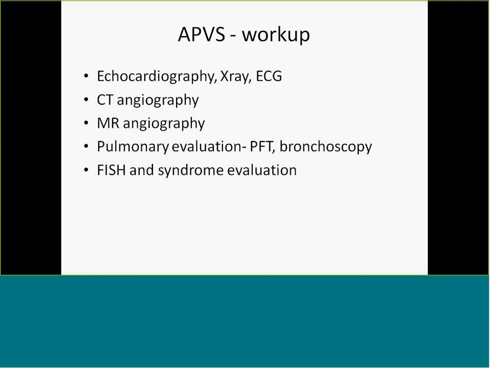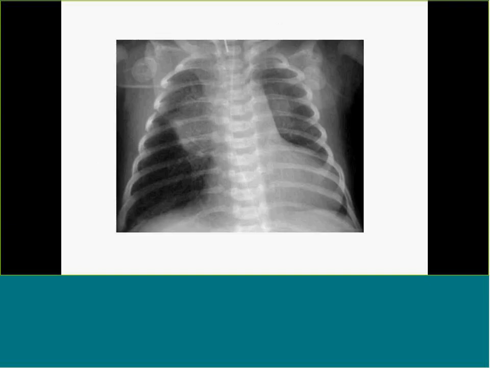Many patients have 22q deletion and other syndromes, and therefore it might be worth doing a genetic evaluation, which helps to prognosticate for the patient and may be used in the management of the case. This probably is the first clue to absent pulmonary valve syndrome.